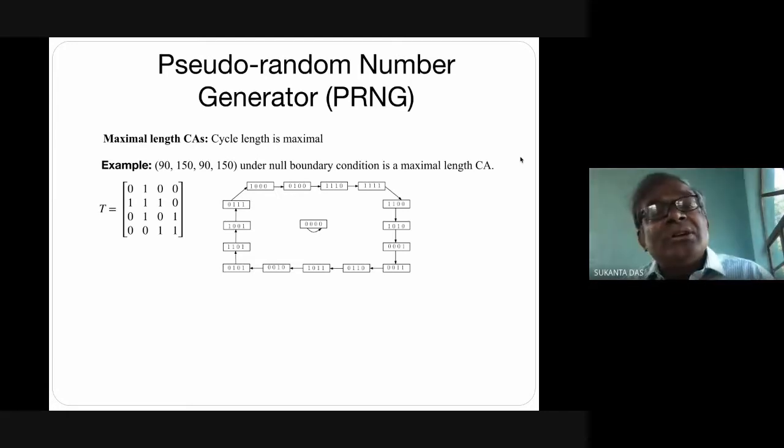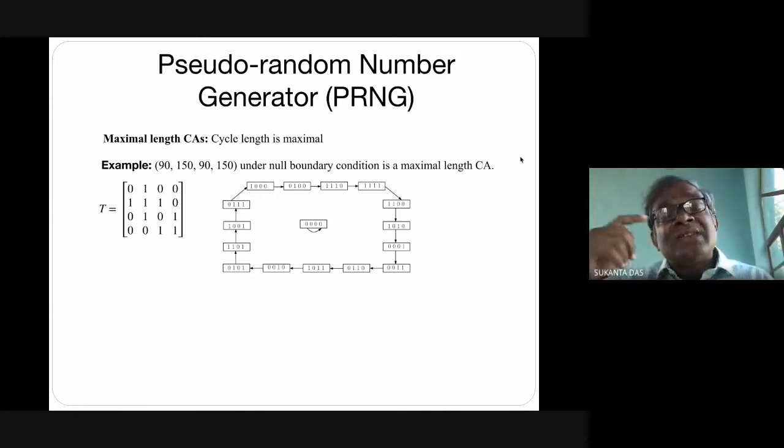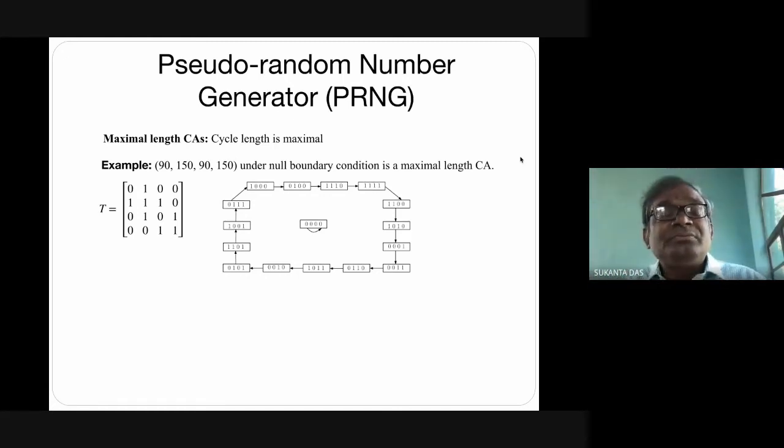So this kind of automata is very effective. Why? Because, as we are saying, to be a good pseudo-random number generator, the cycle length should be very high. And here, the cycle length is the highest, 2 to the power n minus 1. So this kind of automata is very useful. You can see the example I have given here. If you take rule 90-150, under null boundary condition, it's a maximal length CA.